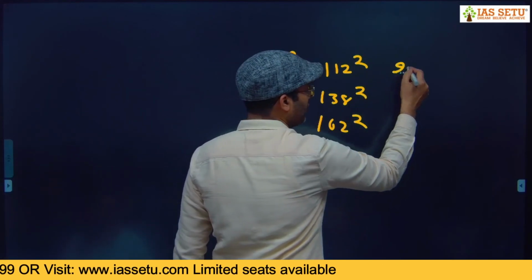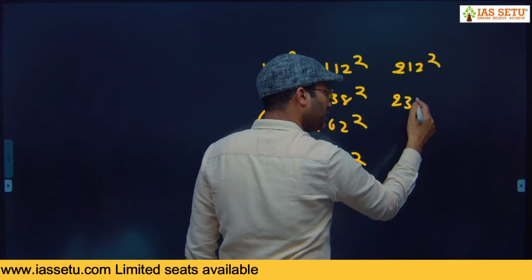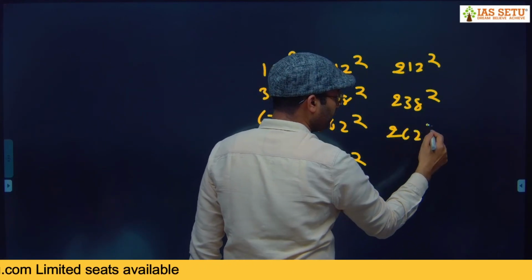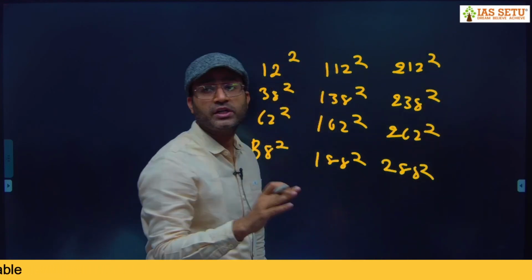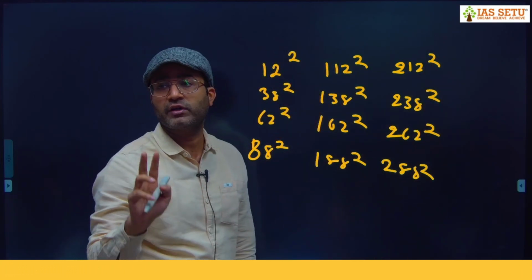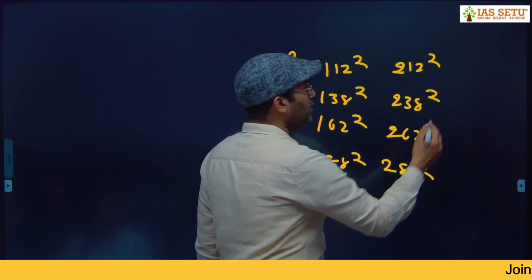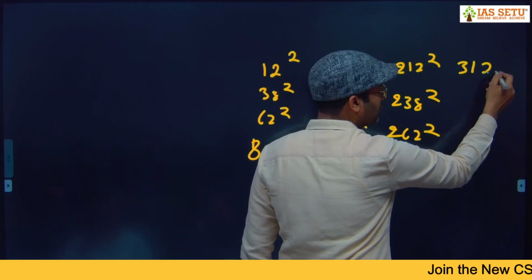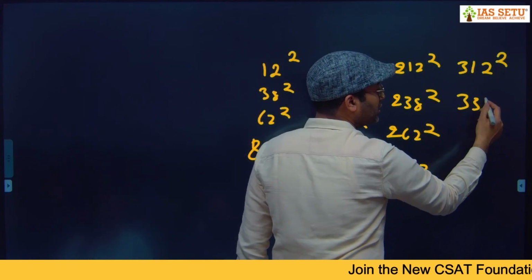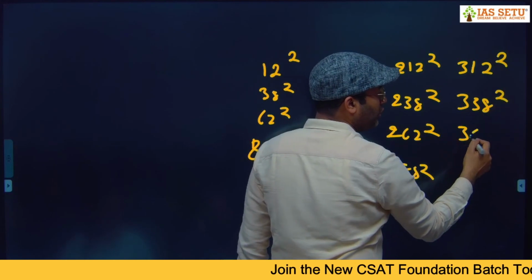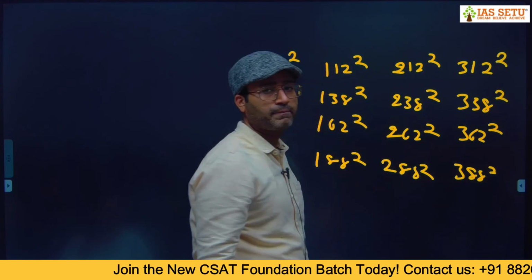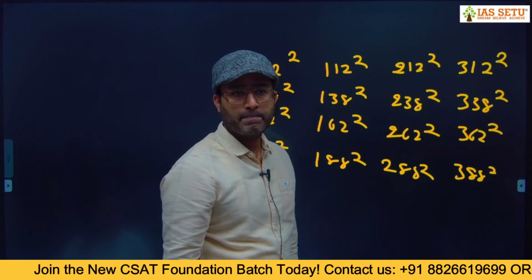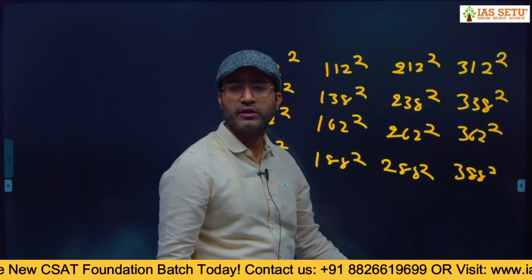So here 212 square, 238 square, 262 square, 288 square. If I ask you from 300 to 400, what are the four value which give you 4 4 in the last? 312 square. Next value 338 square. Next value 362. Next value 388. You can check 400 to 500 also.